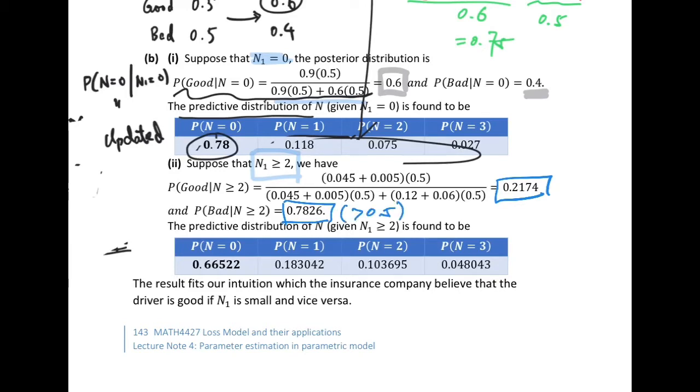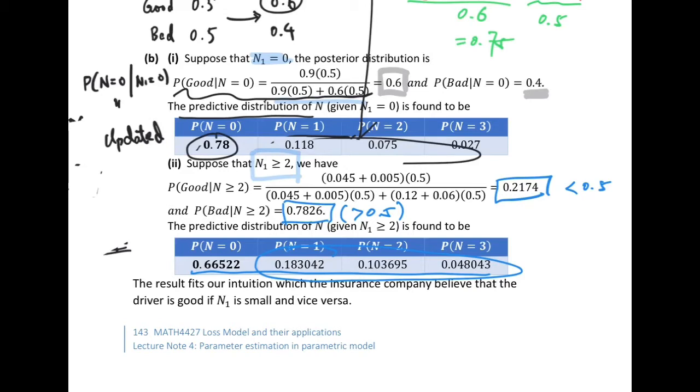So you can see the insurance company will have a larger tendency to believe that you are a bad driver. And if you look at the predictive distribution as well, you can see it will put more weight on the probability that this guy will cause trouble. And of course, as a result, the premium will be increased.